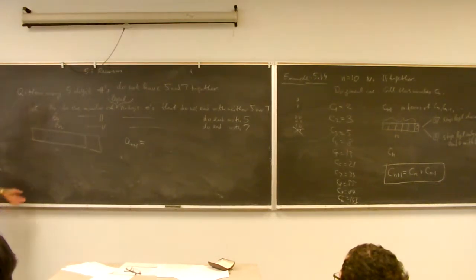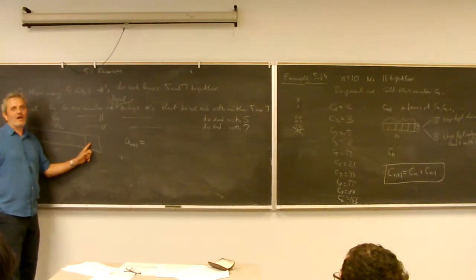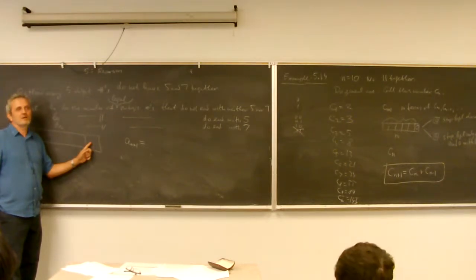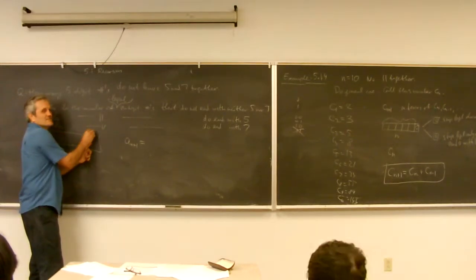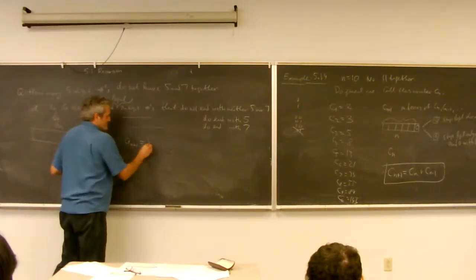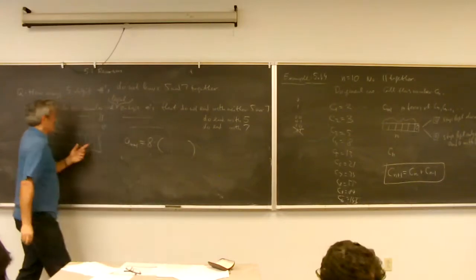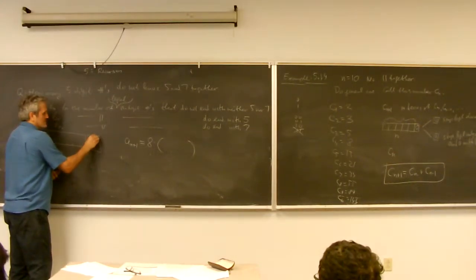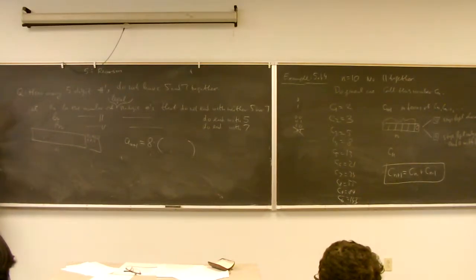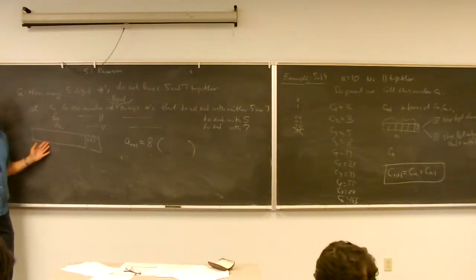So if I want to build a word, what can I add here? Any number besides 5 and 7. And how many cases do I have then? 8. So could be what? 0, 1, 2, 3, 4, 6, 8, 9. And what could I add it to?